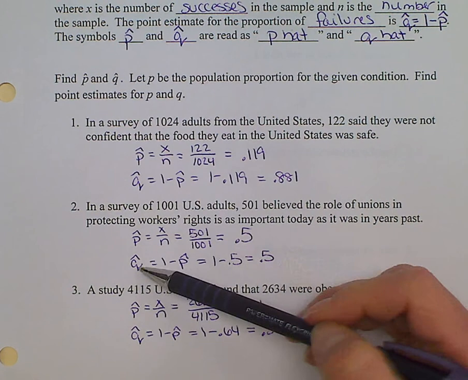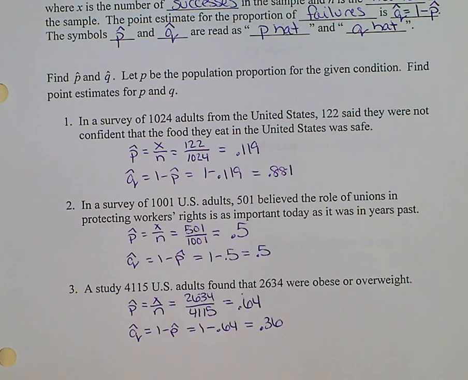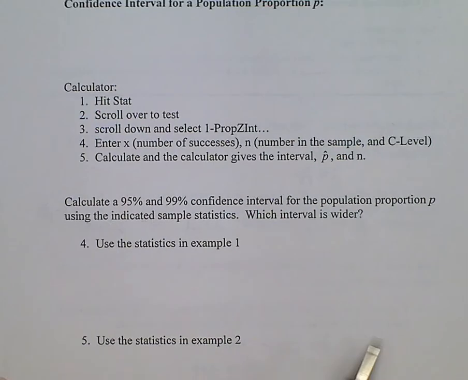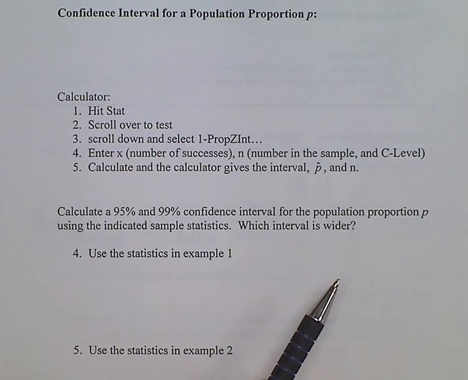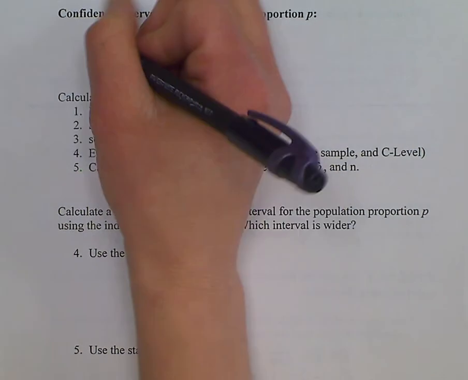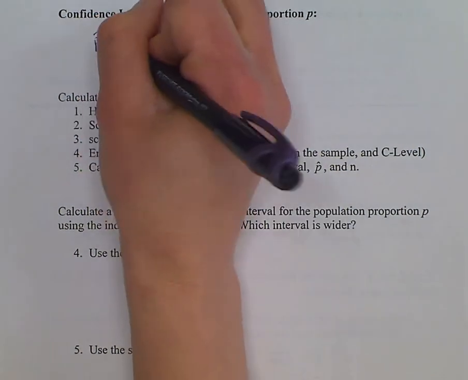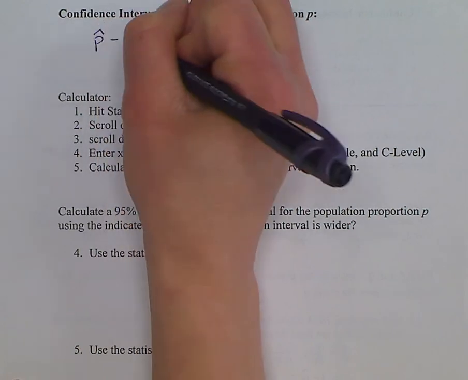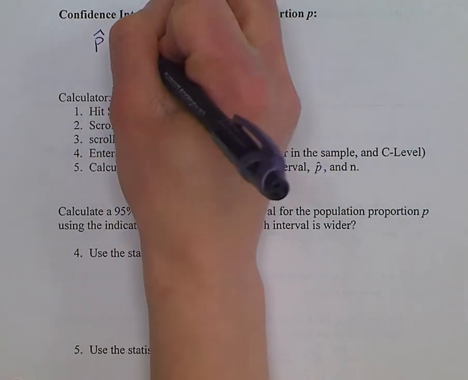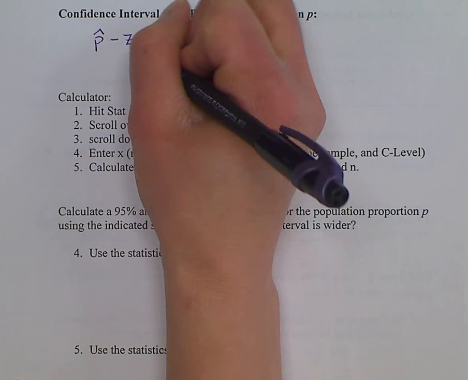Okay, so we actually calculated our confidence intervals. You don't need to know the calculations because, again, there is a calculator shortcut. But what we do is we take our sample proportion and we subtract our critical value, which will be a z-score.